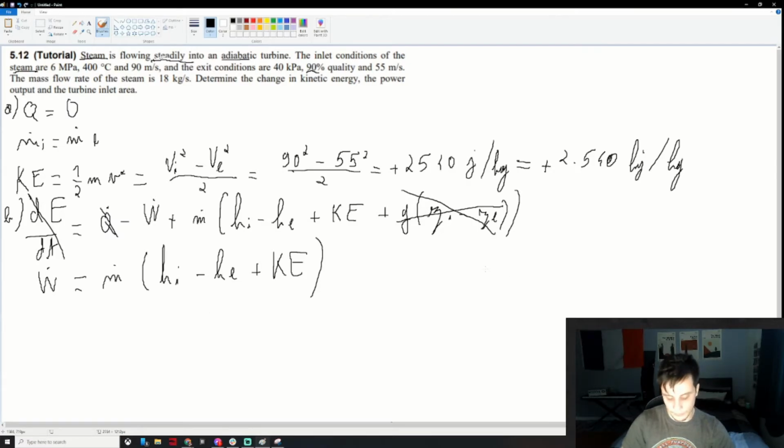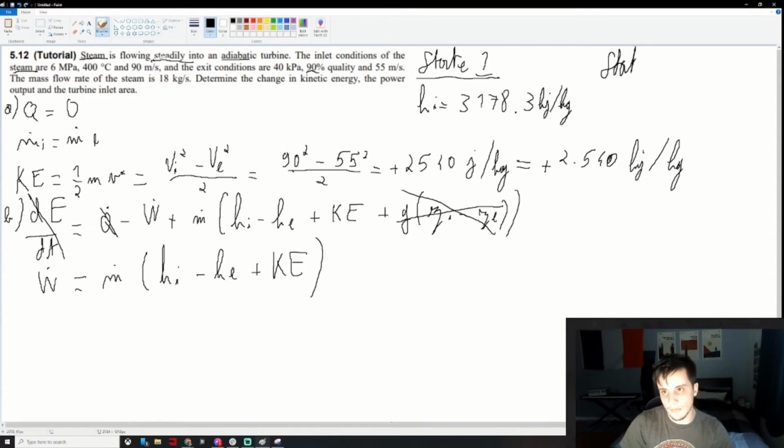Okay, so specific enthalpy. Let's do that here actually. State 1 is going to be equal to, well, we found it to be H_i equal to 3178.3 kilojoules per kilogram.